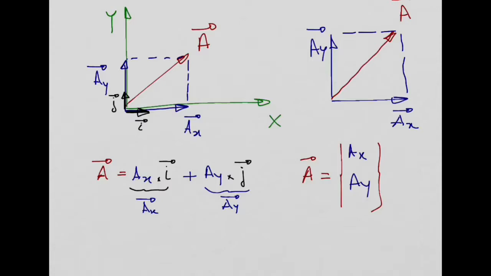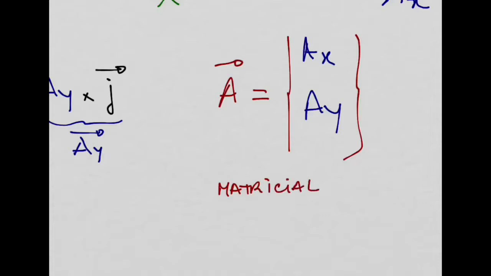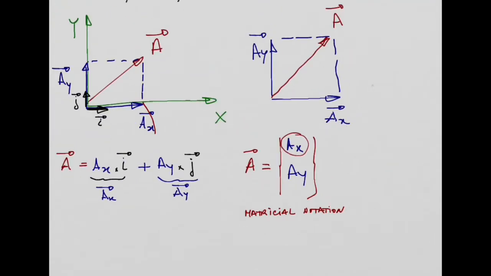We call this the matricial notation. All right? So this is very easy to understand. The first component here is the component of the vector in the x direction, this one. Okay?